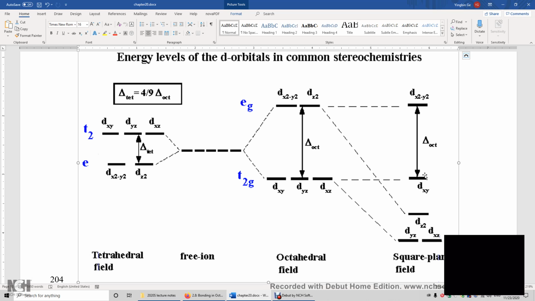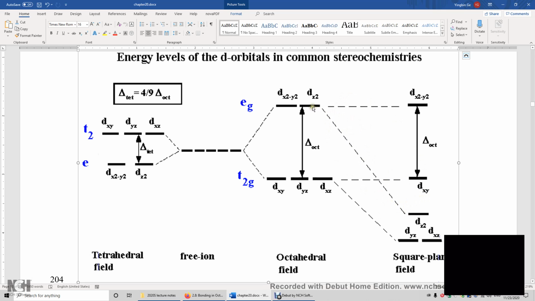Well, when you have 3d8, the overlap between the 3d orbitals and the ligands is not as significant as the interaction between 4d8 or 5d8 and the ligands. So the energy decrease is not as significant.